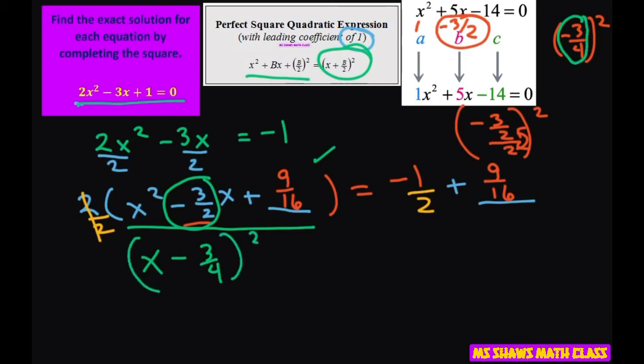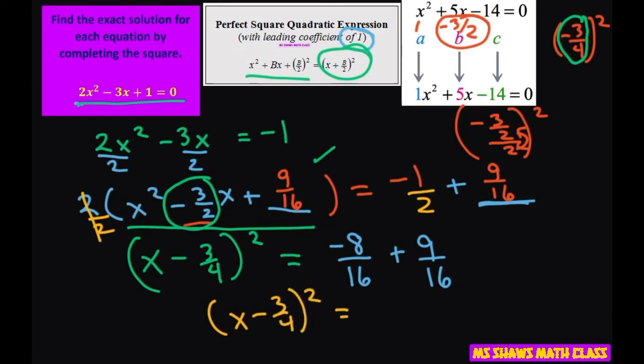Square it. And then let's fix this side. This side, our common denominator is 16. So I'm going to put a 16 here. So that's going to be negative 8/16 plus 9/16. So we finally have x minus 3/4 squared equals 1/16.